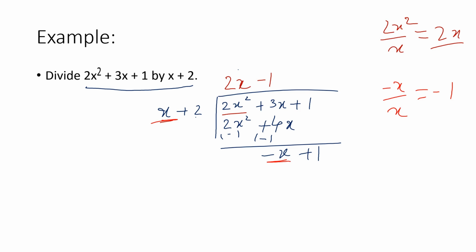Okay. Now on multiplication we get minus x and minus 1 into plus 2 minus 2. So 3 is the remainder.